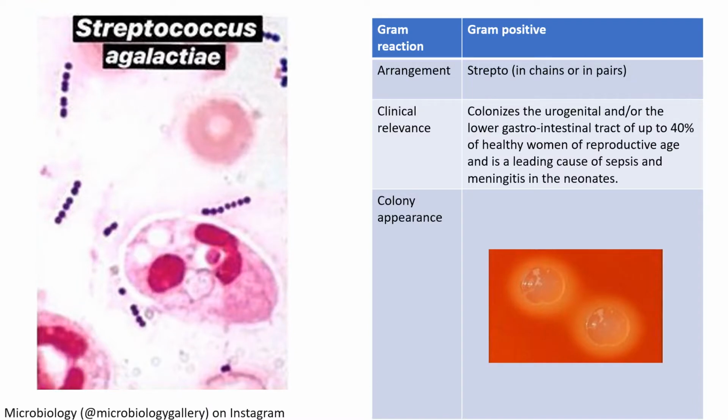Next, we have Streptococcus agalactiae. So here, of course, Streptococcus in chains or in pair, and it's a gram-positive. So Streptococcus agalactiae, it kinda colonizes urogenital or lower gastrointestinal tract of healthy women of reproductive age, and sometimes when it goes to bloodstream, it could also cause sepsis.